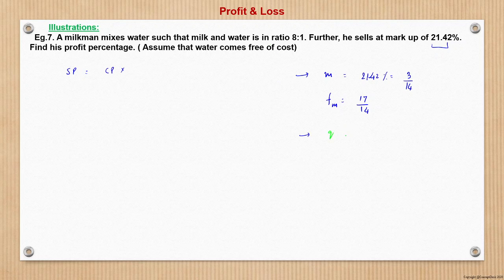So here what is it? Now the quantity of milk is actually 8 by 9, right?